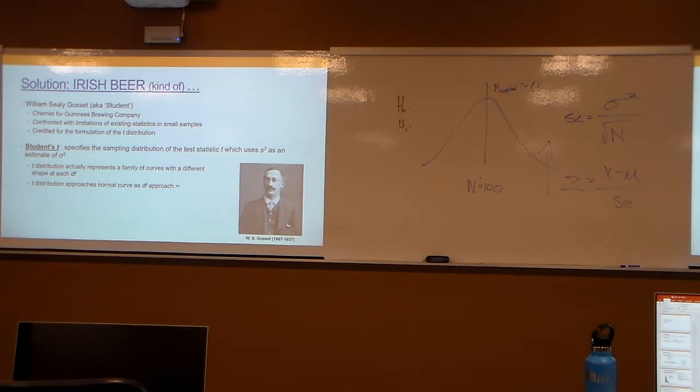An infinite number of, now Gosset didn't hand calculate an infinite number of t distributions, right? He had a table, but looking at our t distributions from the distribution with very, very low degrees of freedom versus as we get to infinite degrees of freedom, as our samples get infinitely large, this t distribution starts to approximate our z distribution or our normal curve as our degrees of freedom approach infinity.